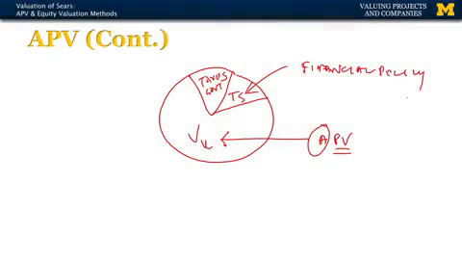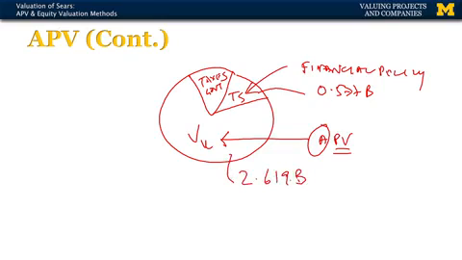Thinking of it like that is really awesome. Why? Because you're then thinking of value creation in a very, very positive way. I think the answer to this piece was 0.537 billion, and the answer to this piece was 0.2619 billion. WACC gives you what?